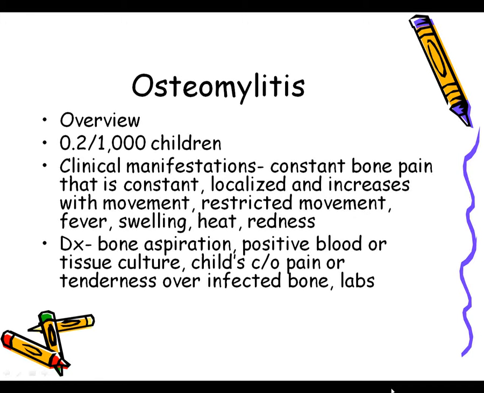So the treatment would be antibiotics, but before you start the antibiotics, you would make sure that you get blood cultures first, and then after the blood cultures, antibiotics. First given IV, then PO, then splinting of the limb, and possibly surgery.